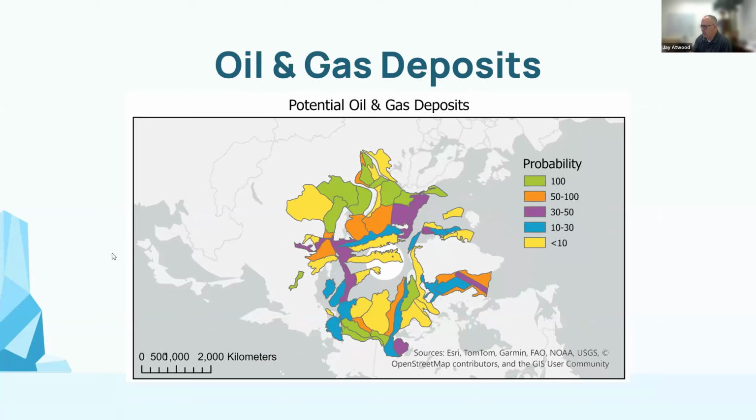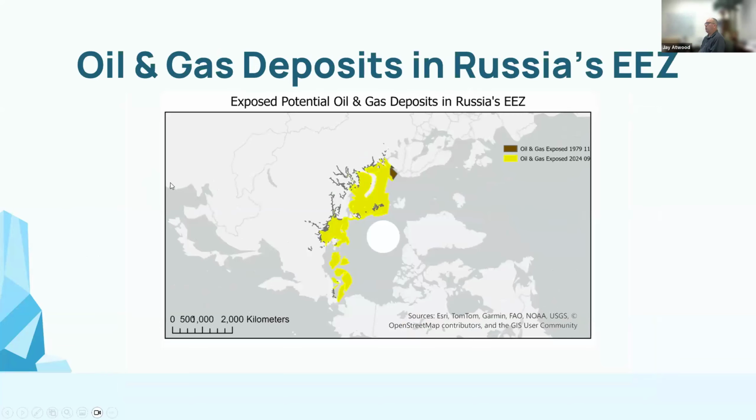Combining these layers, actually 3 layers, I was able to extrapolate the changes in the amount of natural resources that were available from November 1979 to September of 2024.